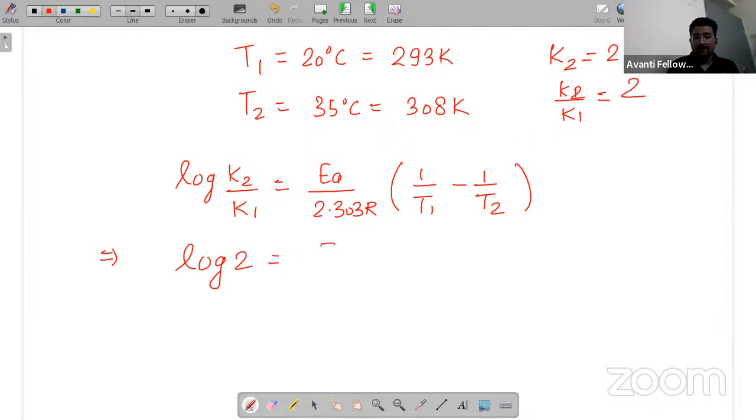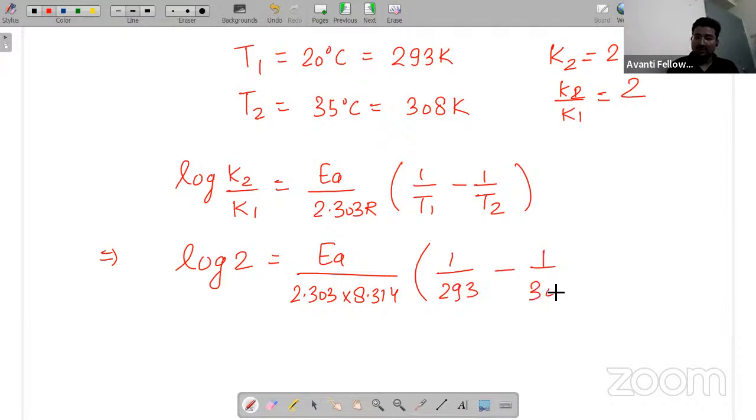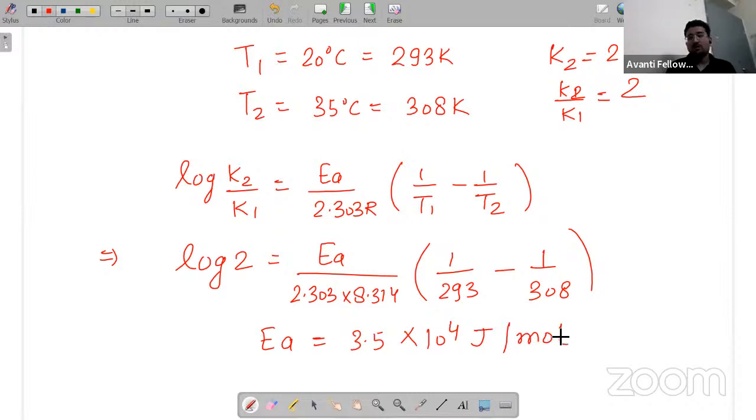Log 2 equal to Ea by 2.303 into R, which is 8.314 joule per mole Kelvin, into 1 by 293 minus 1 by 308. On solving this equation, we will get Ea equal to 3.5 into 10 to the power 4 joule per mole. On converting it into kilojoules, we will get 35 kilojoule per mole.